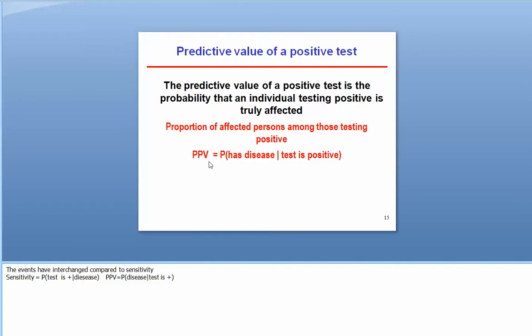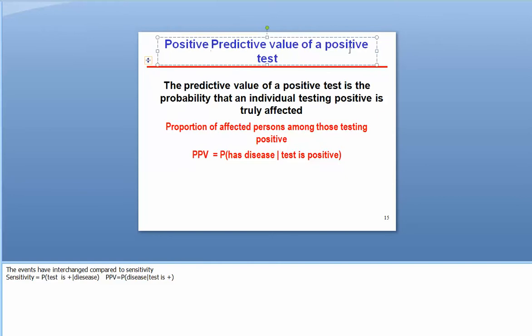PPV stands for positive predictive value, right? Actually speaking, it should be written as positive predictive value of a test.